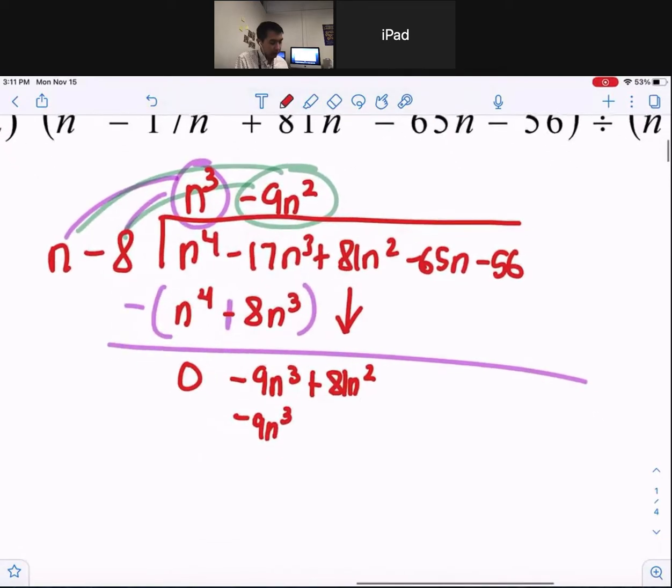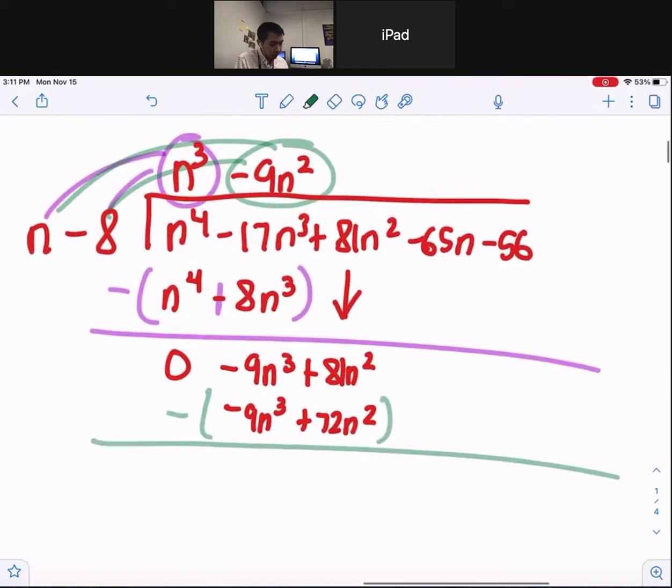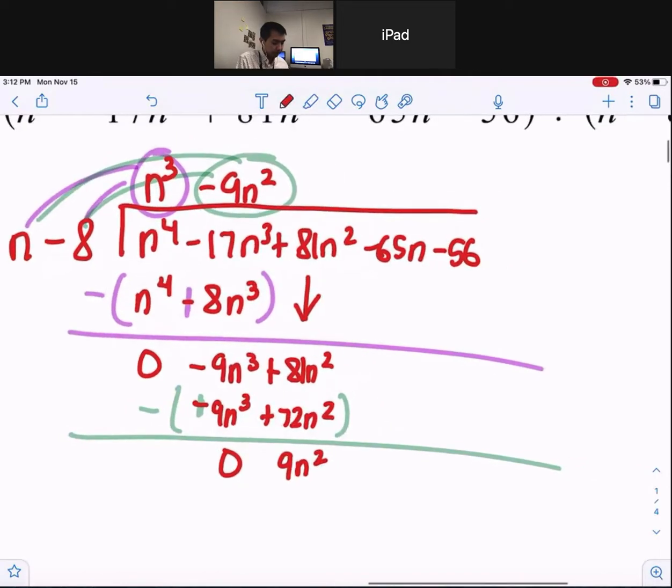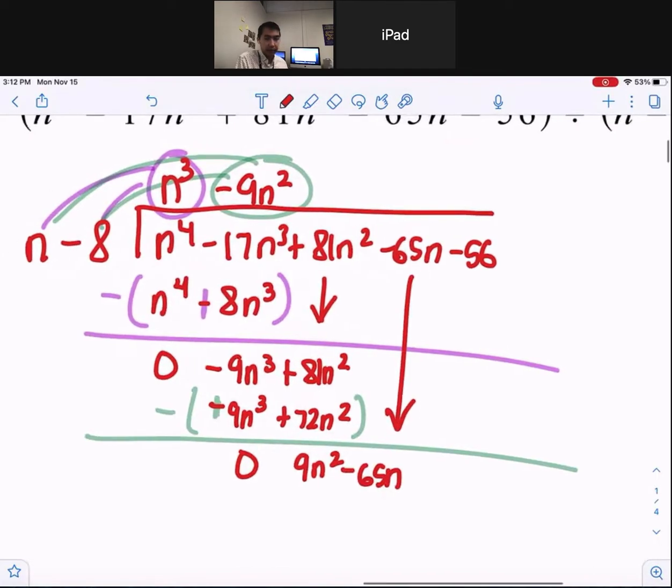Negative 9n to the second times negative 8, that's a positive 72n squared. And then you just subtract it. A negative minus a negative, you add those together, that's a 0. And then 81n squared minus 72n squared, that is 9n squared. Drop the negative 65n down.